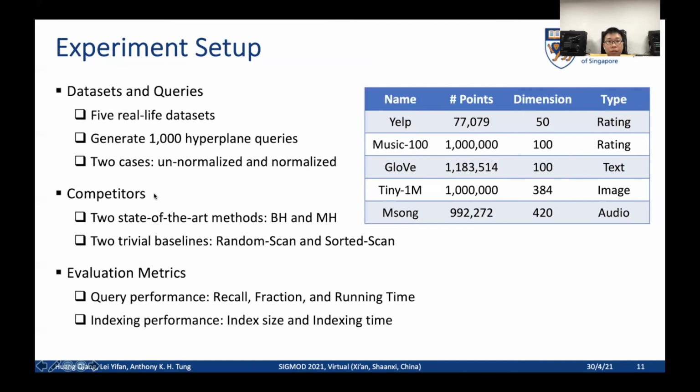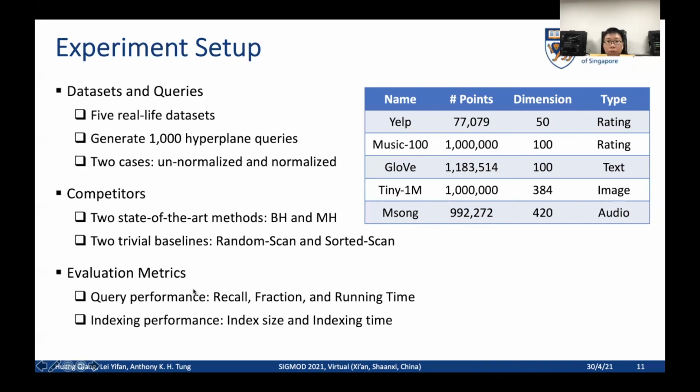And then we select 4 competitors, including 2 state-of-the-art methods, BH and MH, and 2 trivial baselines we call random scan and sorted scan. For the sorted scan, we first sort all the data points based on their L2 norm in ascending order, and then we scan the data points from the lowest L2 norm to the highest L2 norm.